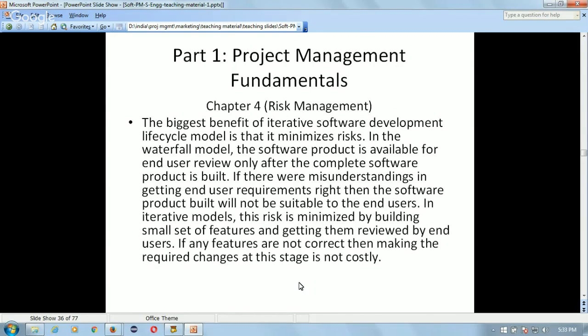Why they are risk averse, and how the risk is avoided in these methods is discussed now.